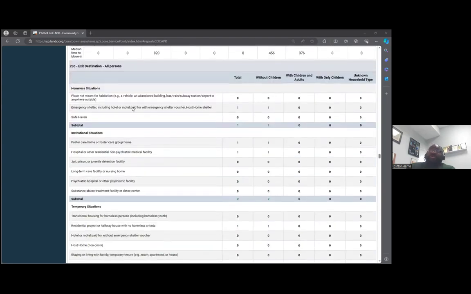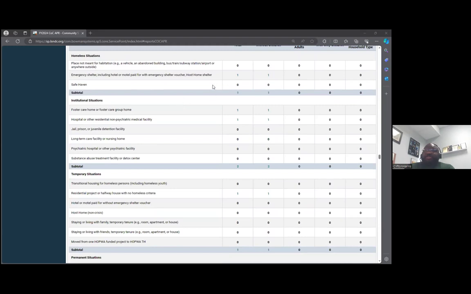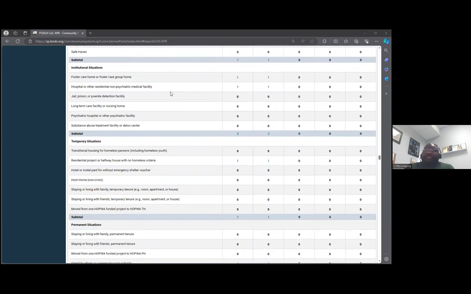Question 23 is your destinations based on the clients that are exiting the program. So you have your homeless situations, clients going back into homelessness. You have your institutional situations: foster care, hospital, jail, long-term nursing home, et cetera. Your temporary destinations, which would be transitional, hotel, host home, staying or living with family or friends, temporary.